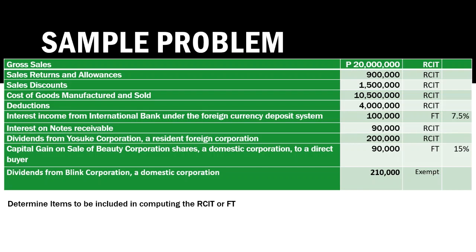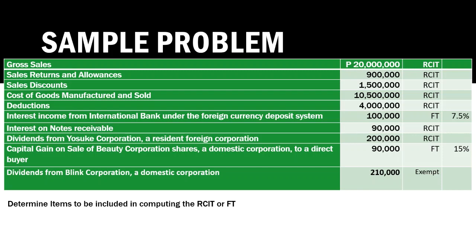So, ibig sabihin not listed ito, not traded in the local stock exchange. And dividends from Blink Corporation. It is a domestic corporation. So, ang requirement muna natin dito is to determine the items to be included in computing the regular corporate income tax or the final tax.